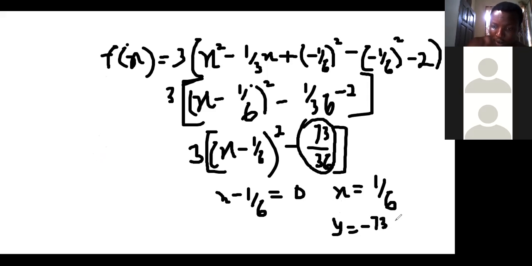But the question is that you should find the value for which the distance is the minimum. The value for which it is the minimum is the x, which is 1 over 6, and this is the minimum value. So the minimum value is negative 3 all over 36. Am I correct? Or 12? Check for me.